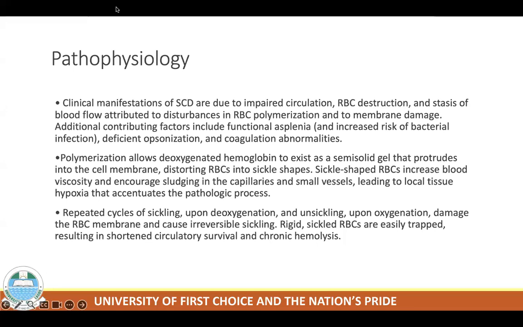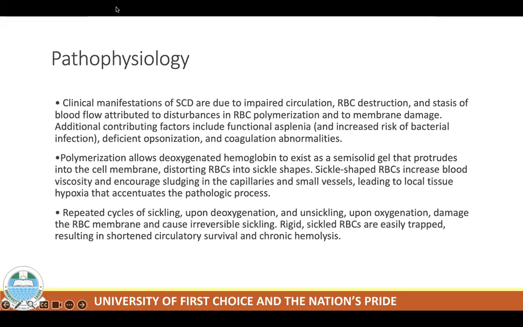Repeated cycles of sickling upon deoxygenation and unsickling upon oxygenation damage the red blood cell membrane and cause irreversible change in the shape of the red blood cell. These rigid sickled red blood cells are easily trapped, resulting in shortened circulatory survival and chronic hemolysis.